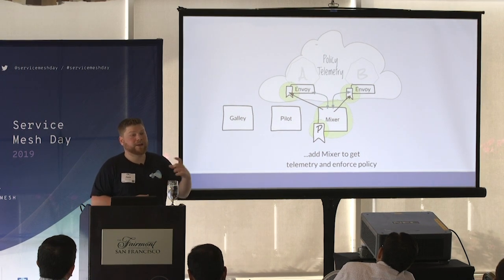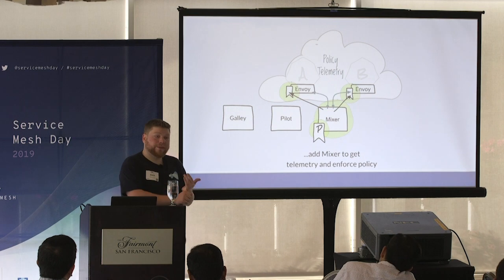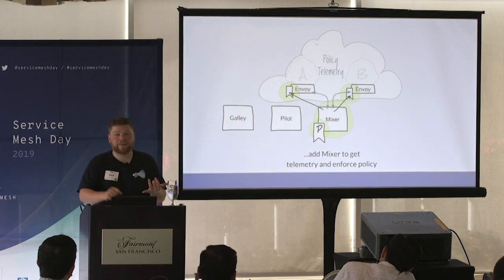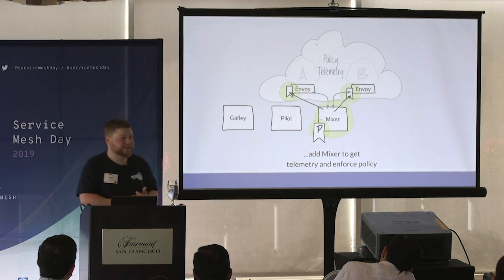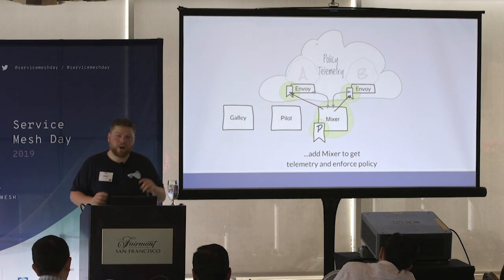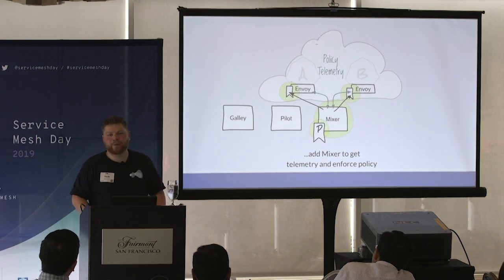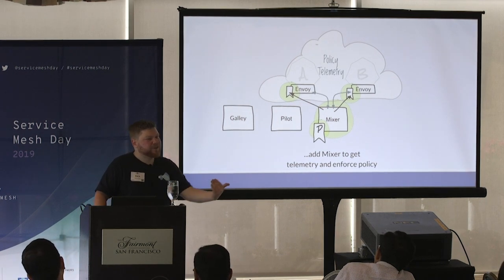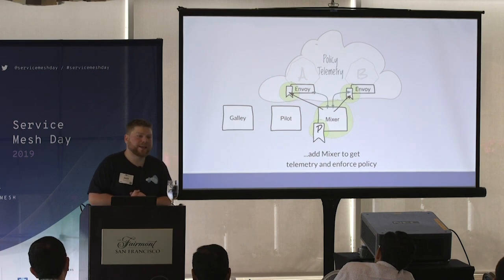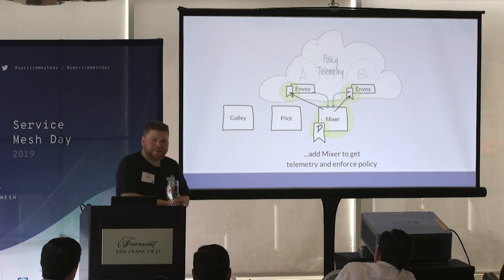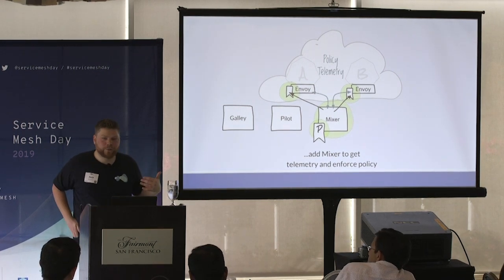This is where you can plug into Mixer your backends like authentication and authorization. This is where you can plug in things like rate limiting. This is where you can apply policy to arbitrary L7 attributes of the request, right? If we're talking HTTP traffic, we can do things like headers, user agents, that kind of metadata. If we're talking about TCP connections, then we can use the L4 attributes of the request, right?